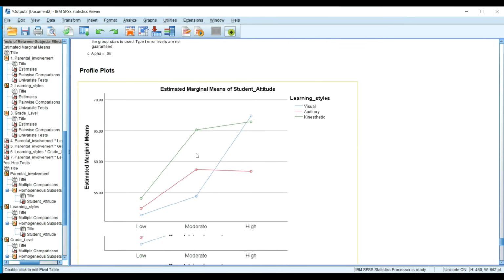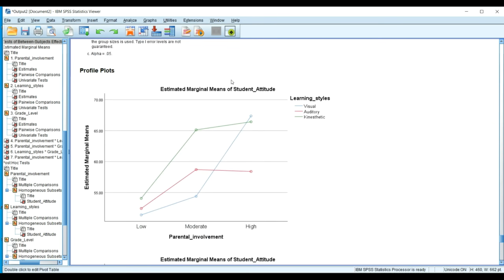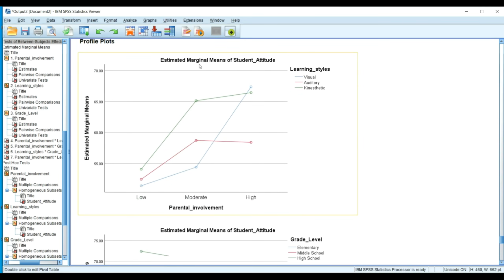But let me take you quickly to the interaction plot of the estimated marginal means of student attitude. This plot here also gives you an idea. So you can see the parental involvement. You can see at low level, the learning styles: kinesthetic, the red colored, auditory, and then the visual here.